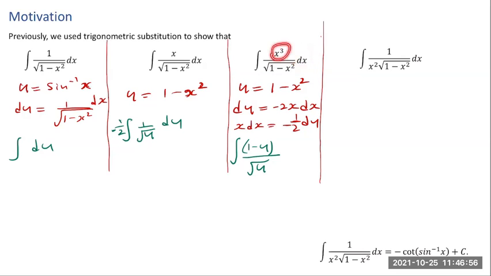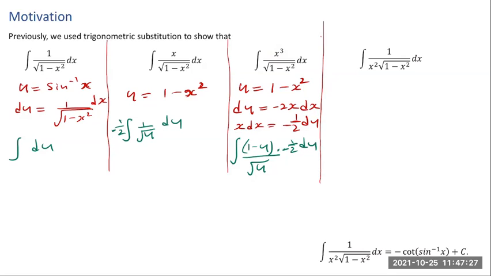Remember, I separated this as x squared times x dx. x dx is going to be minus 1/2 times du. And you know how to integrate this function now. You have learned techniques to integrate this type of function. Okay, so I will let you complete this integration.